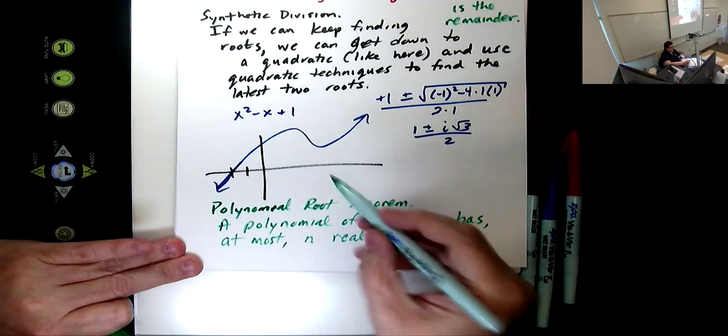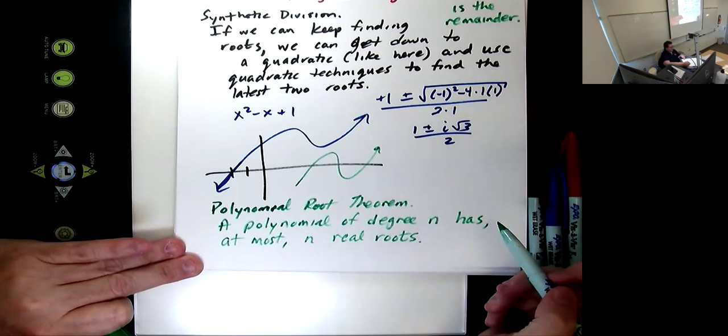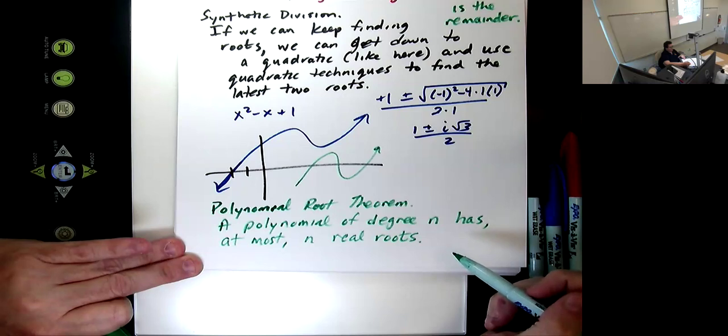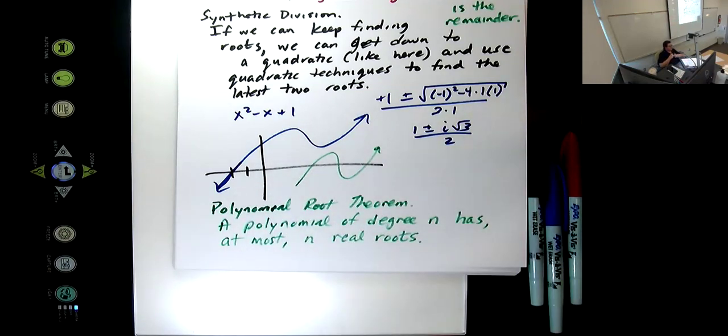Like if it was shifted down, it could cross 3 times, but there's no way it's gonna cross 4. It could have 2, like we showed on the other one, where it bounced off. It only touched it twice.